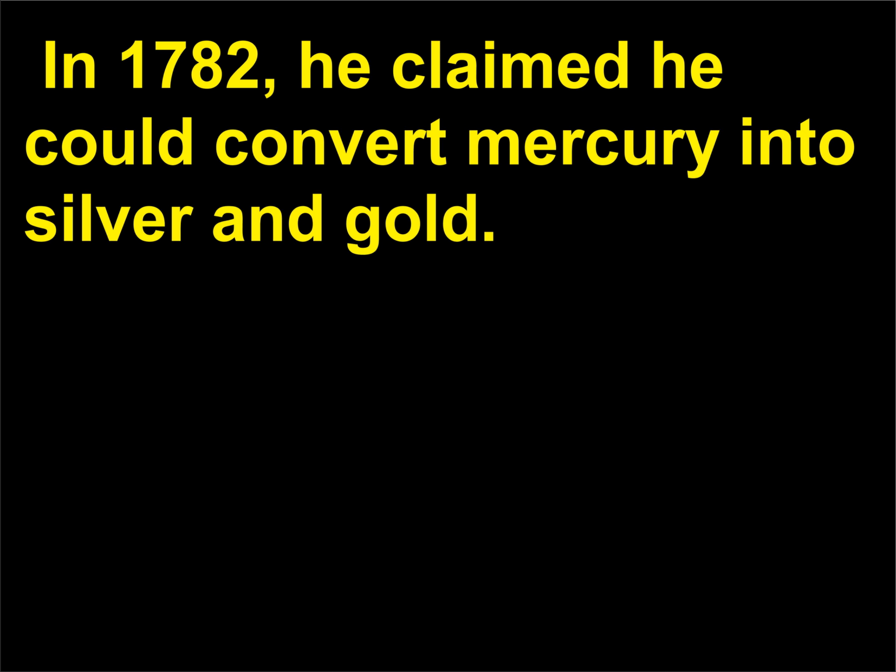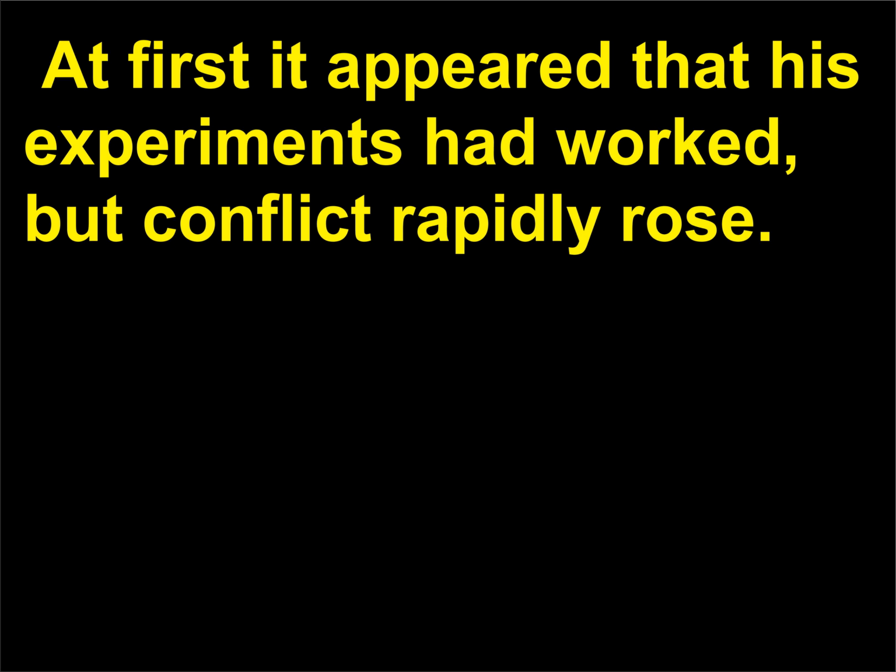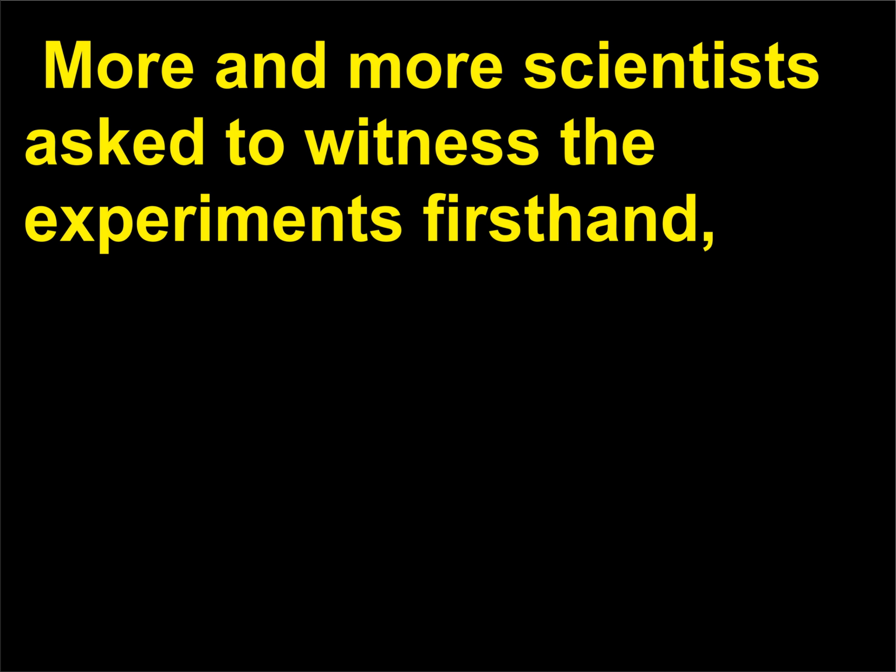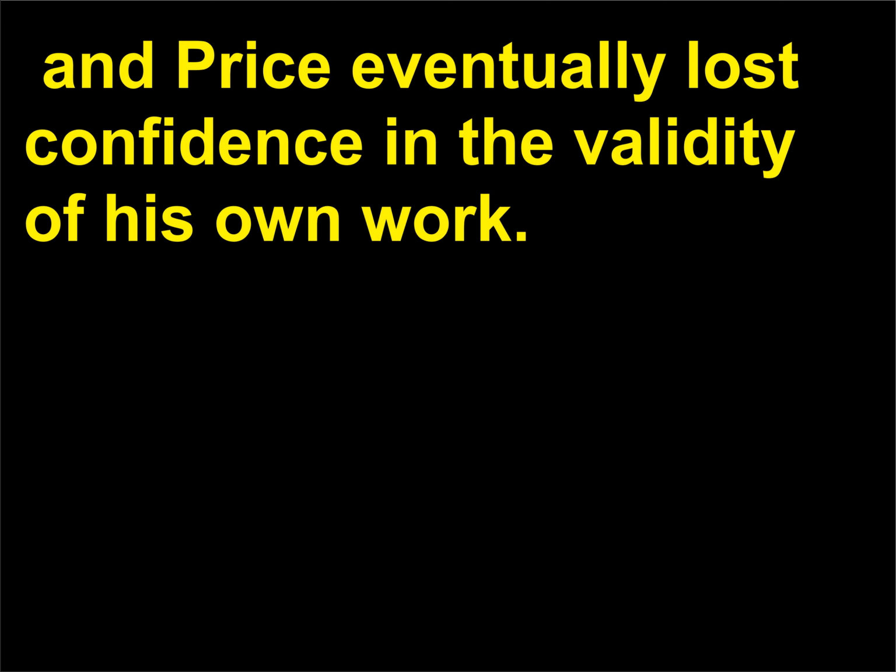In 1782, he claimed he could convert mercury into silver and gold. At first it appeared that his experiments had worked, but conflict rapidly rose. More and more scientists asked to witness the experiments firsthand. And Price eventually lost confidence in the validity of his own work.